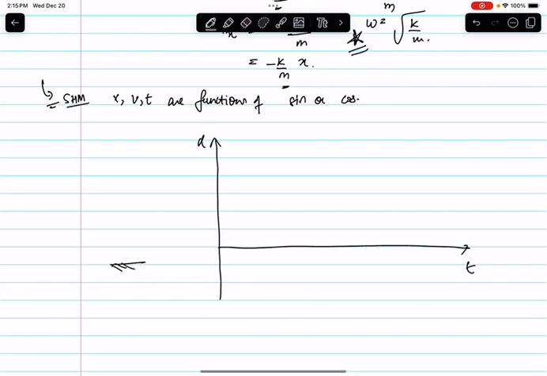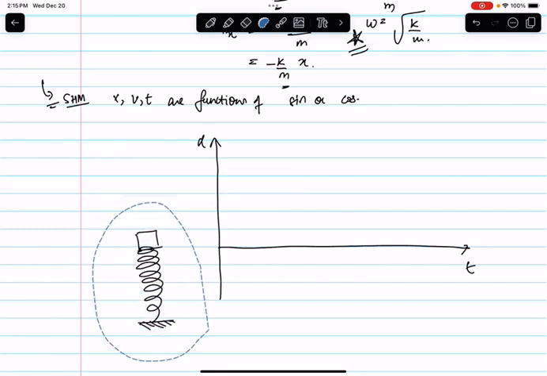So let's say you have a mass spring system on the ground, you're attaching it to a spring, and this spring is in your equilibrium. Okay, and let's say we bring this a little bit downwards, so it comes over here. Okay, so because the equilibrium position is the same as here, this is the starting point.